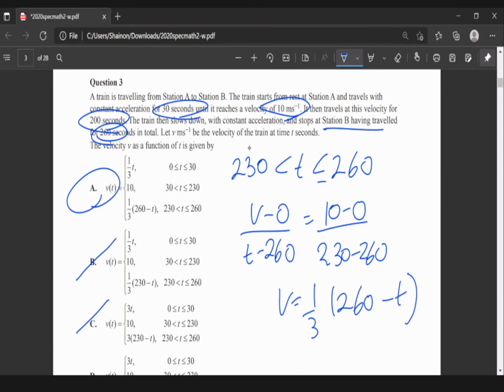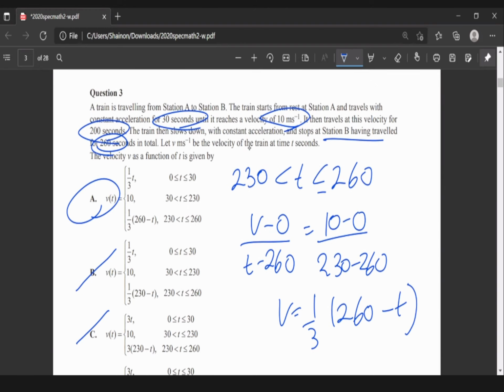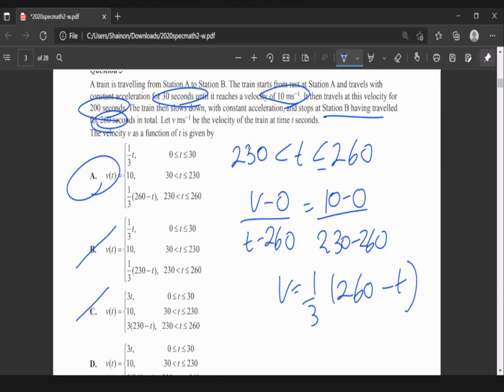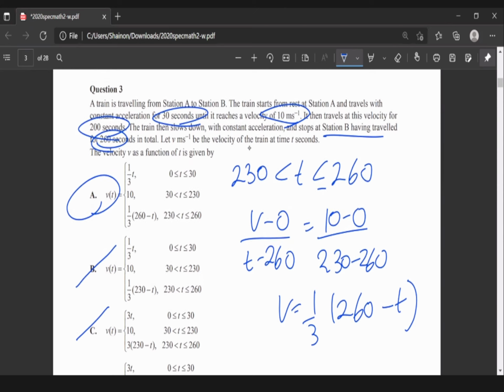Question 3 is the train and the velocity. So it's from 230 to 260. We're trying to find the function. So I did v minus 0 over t minus 260, and we know v equals 10, and it starts from 0 and ends with 230 minus 260.